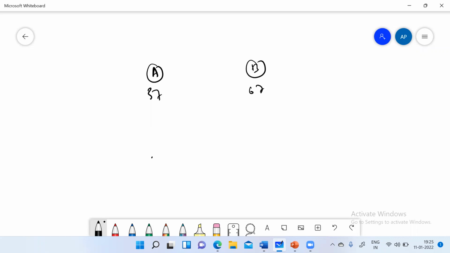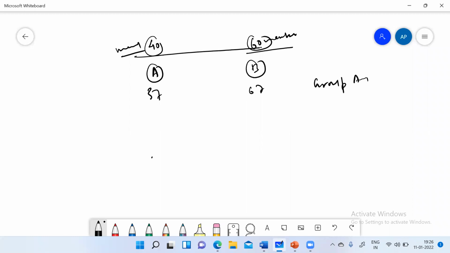What if there are 40 members in A and 60 members in B? What will be the value of the group average?